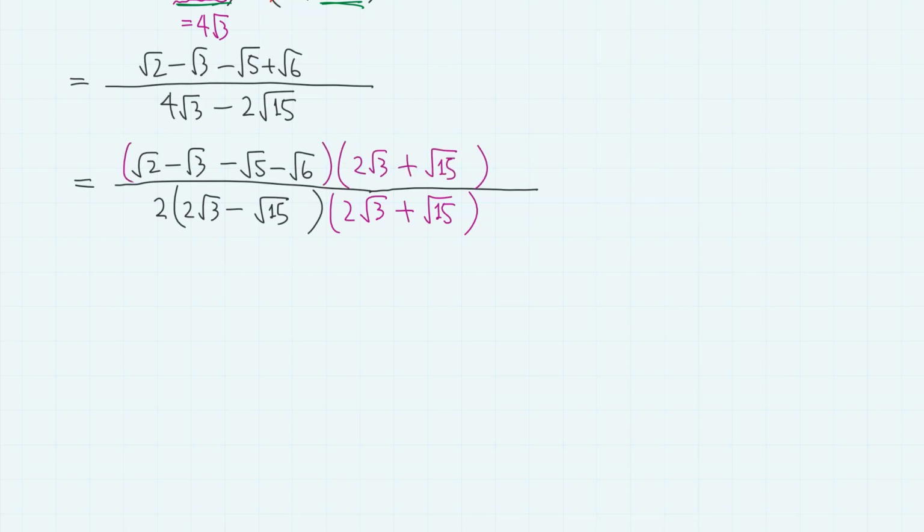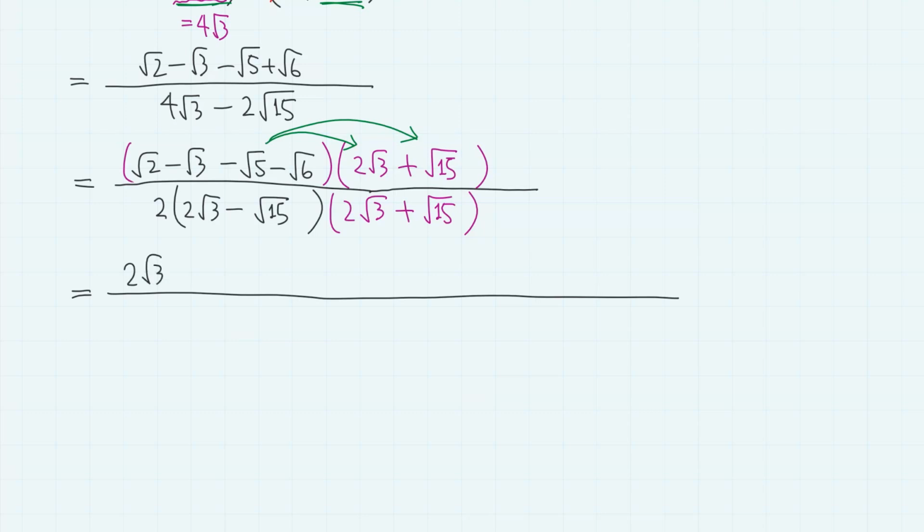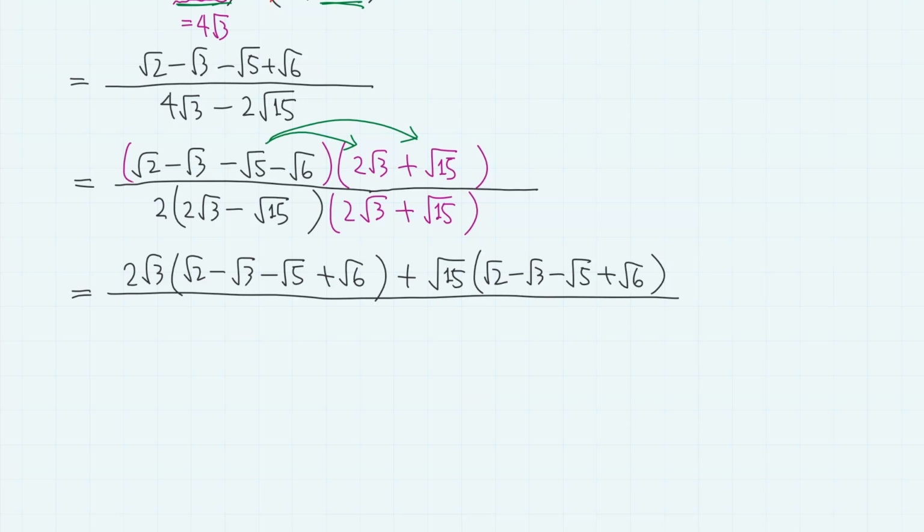Here, let's expand the numerator by applying the distributive law, which we can write 2 square root of 3 multiplied by square root of 2 minus square root of 3 minus square root of 5 plus square root of 6 plus square root of 15 multiplied by square root of 2 minus square root of 3 minus square root of 5 plus square root of 6, and the denominator is 2 times 2 square root of 3 squared minus square root of 15 squared.